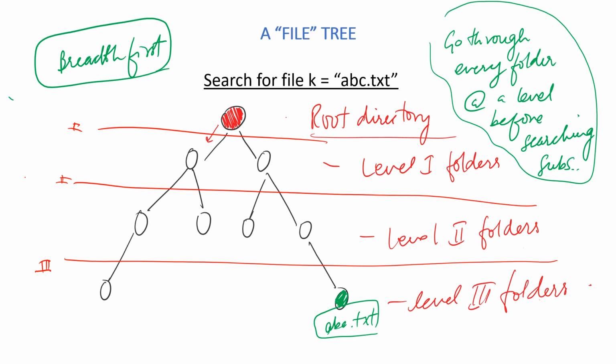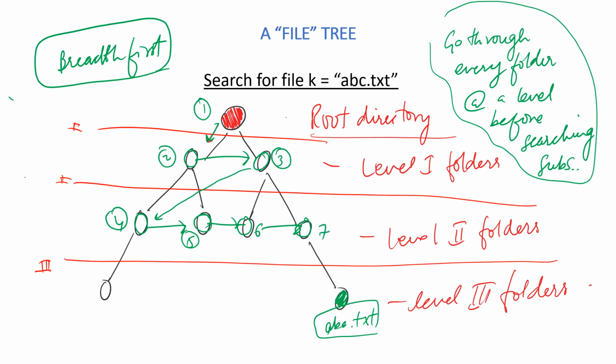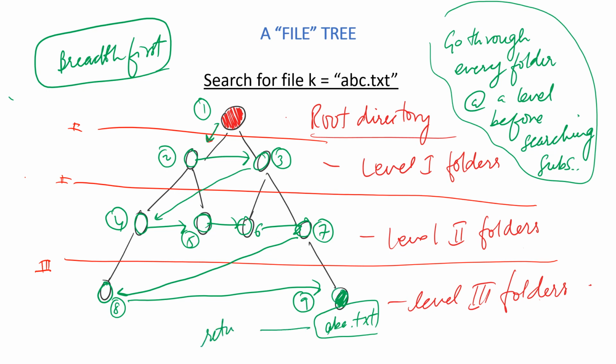So I start at the root, number 1, go left, 2, 3, 4, 5, 6, 7, all the way across to the next level, start from the beginning, 8, all the way to the last level, 9. At this point, I will be able to return the location of abc.txt.